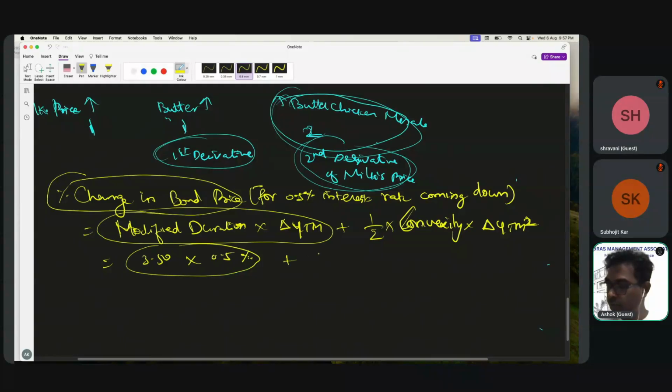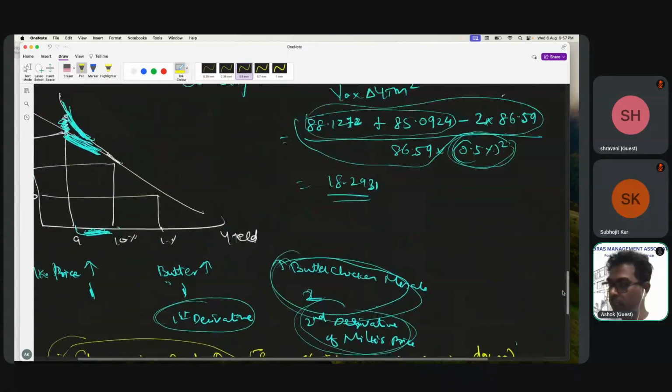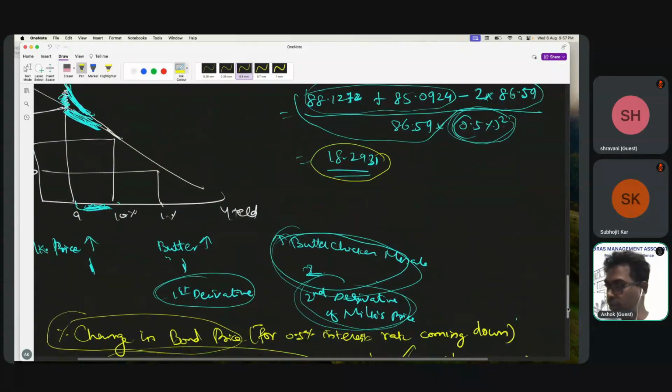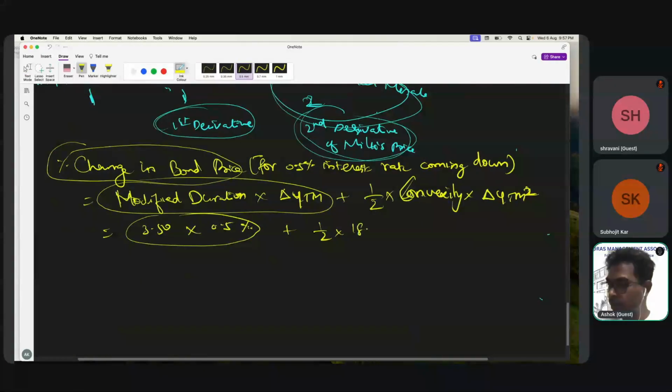Plus half of convexity, which is 18.2931, into delta YTM square, where delta YTM square is 0.5 percentage squared.